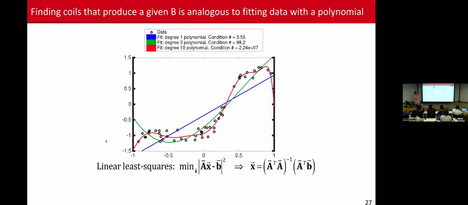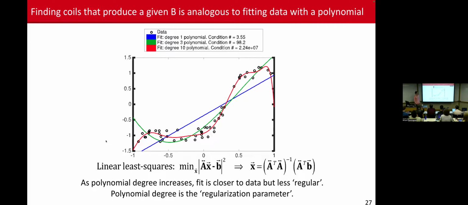So typically you want to balance this. You want a high enough degree to get a good fit, but not super high so that you completely overfit the data. Hopefully this will be clear in the coil context in a second. As the polynomial degree increases, the fit is closer to the data but less regular. The polynomial degree in this case is what we call the regularization parameter.